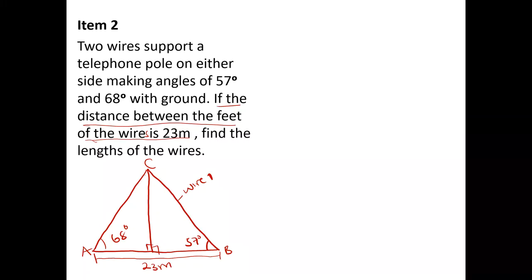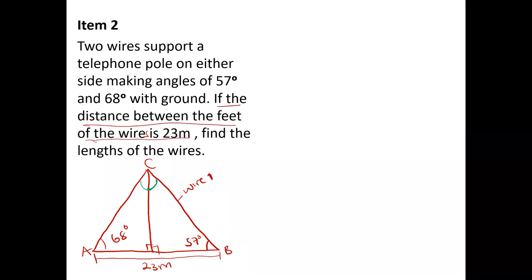They are saying find the length of the wires, but you have to know that this is angle 90. If here I have angle 90 and then here 57, which angle do I have here? Remember, all interior angles of a triangle add up to 180 degrees. I'm seeing two right angled triangles, one that the first wire makes with the pole, and another that the second wire also makes with the pole.